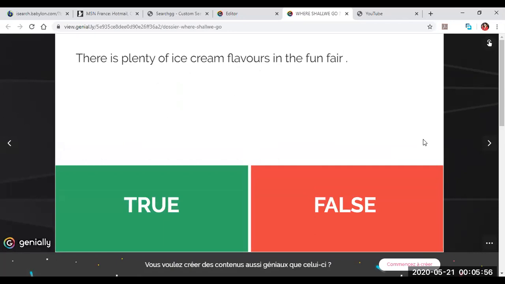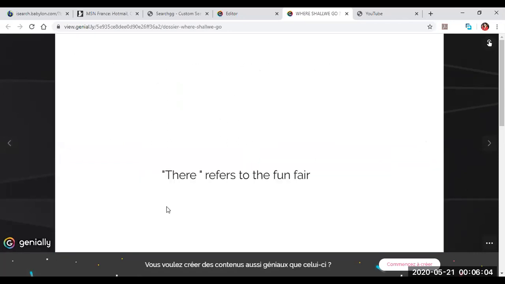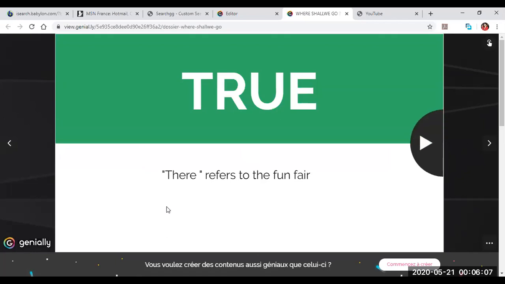Think about the next statement. There is plenty of ice cream flavors in the fun fair. Let's go for true, for example. Yes, that's true, because there refers to the fun fair. All right, next.